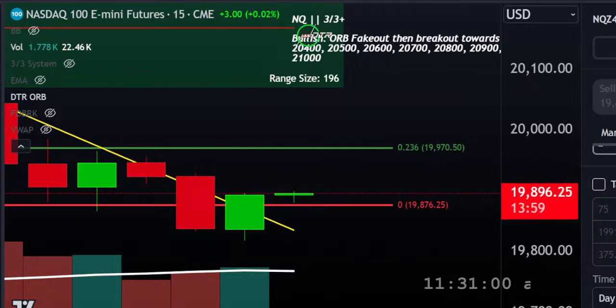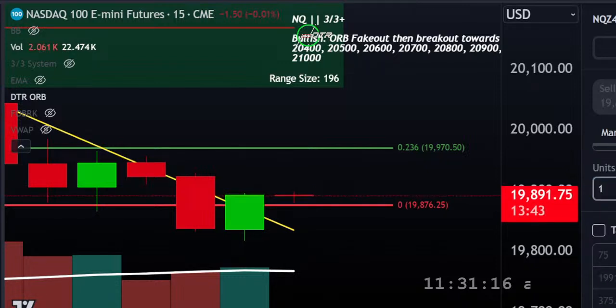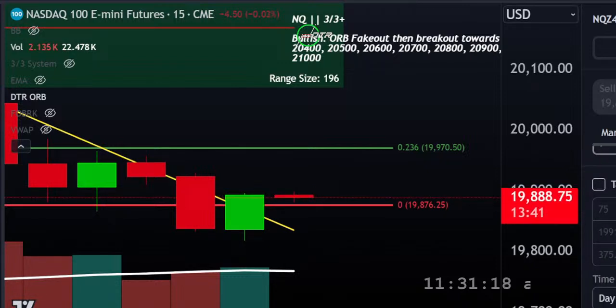So we want to see a breakout above that 19.9 and then a slow pullback into it. And this would have to be one contract. I don't think I have the courage to front run the 900 breakout.